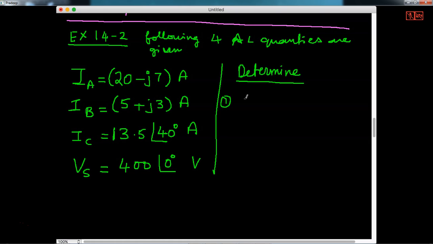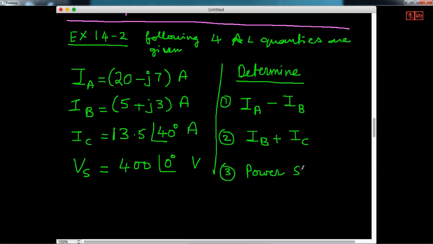Third one is power supplied when Vs gives current of, let's say, output current of IA. So this is the question.